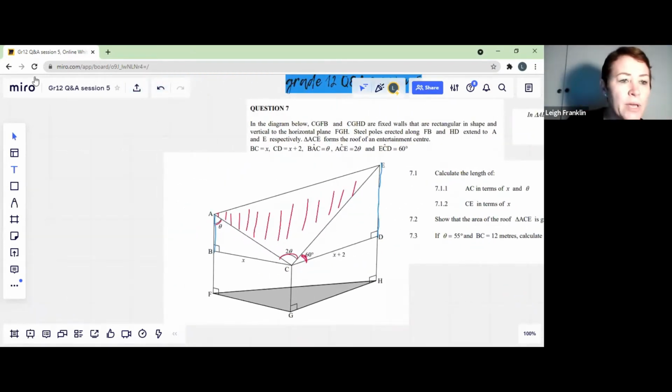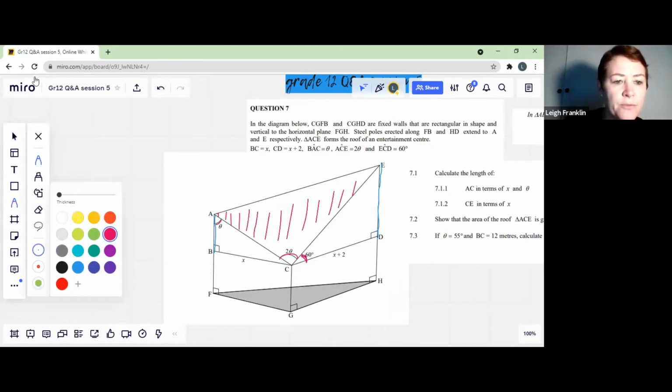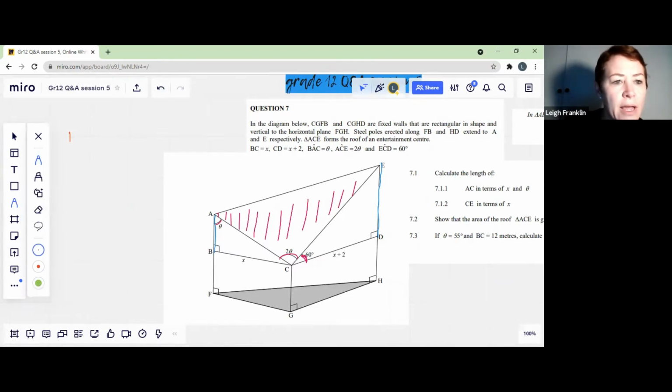So when you are working in a right-angled triangle, you are going to use SOHCAHTOA.